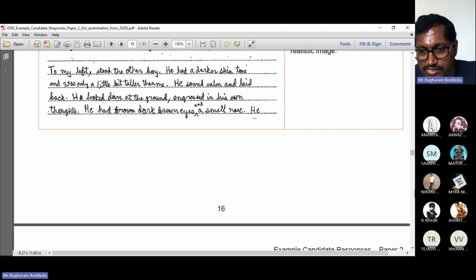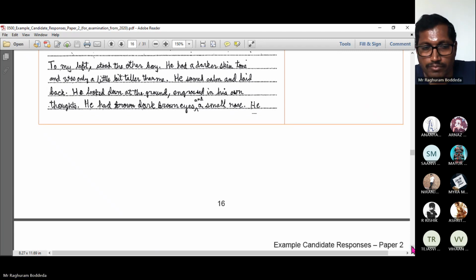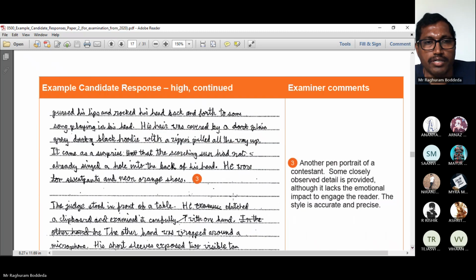So now look at the next lines of this paragraph. Here, his hair was covered by a black hoodie with a zipper all the way up, and the surprise is the scorching sun. Maybe this is a real surprise because he covered his head with a hoodie while outside is a scorching sun, so it is warm outside.